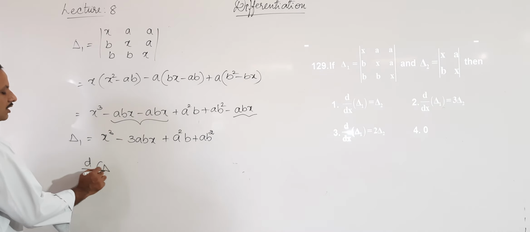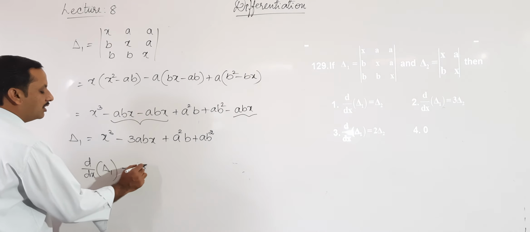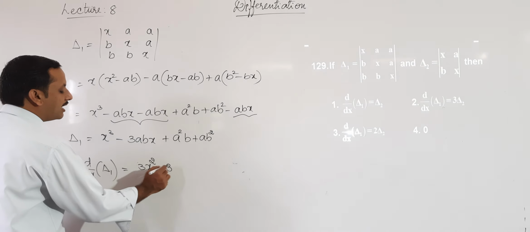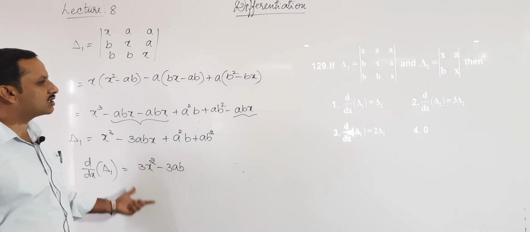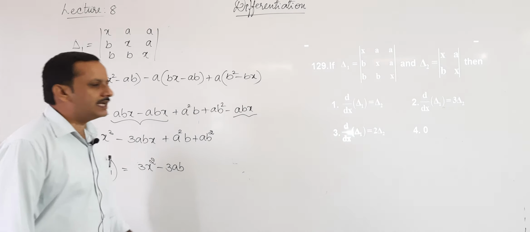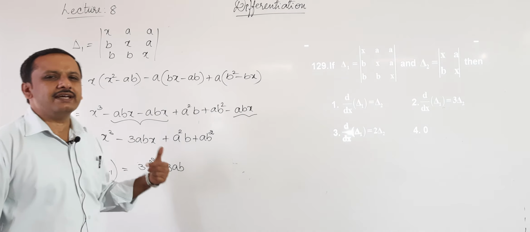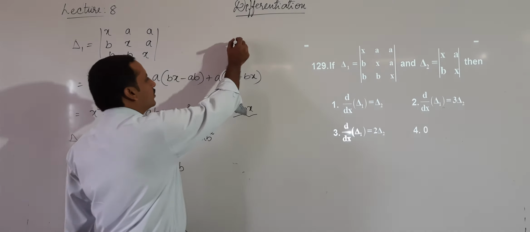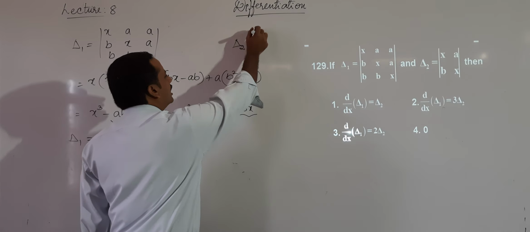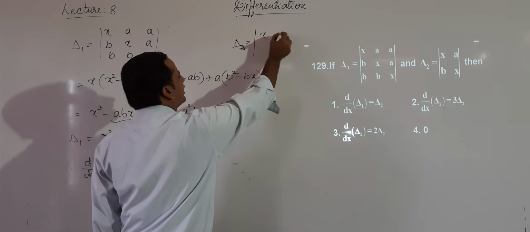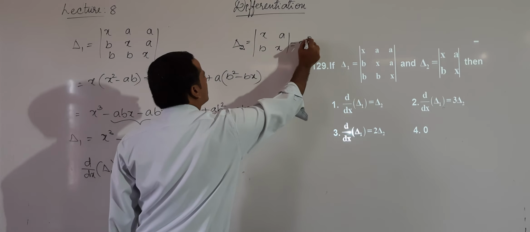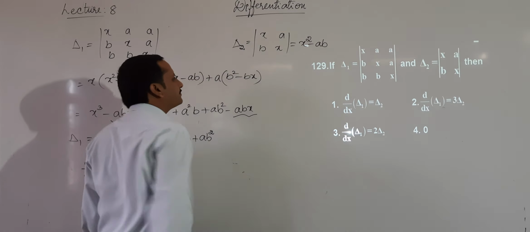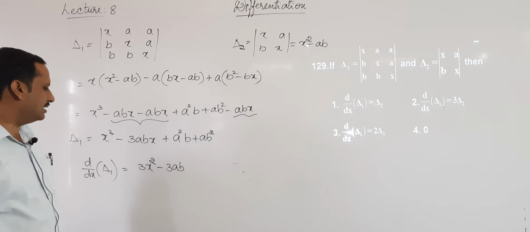D by dx of delta 1 is equal to 3x square minus 3ab. Derivative of 3abx is 3ab. See, we want the derivative of delta 1 in terms of delta 2. What is delta 2? Delta 2 is determinant of x, a; b, x, which is equal to x square minus ab.